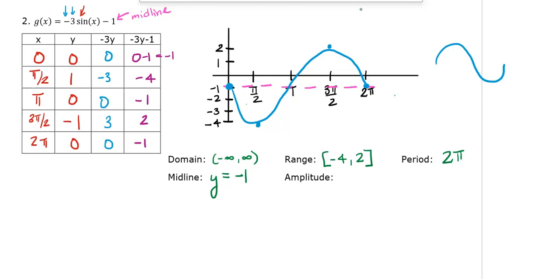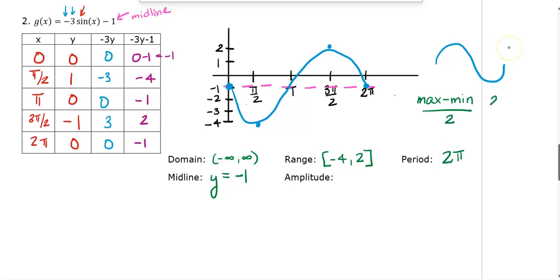Amplitude. Amplitude is that distance between the midline and the highest point, or you can find the distance between the maximum and the minimum and divide by 2. I kind of think I like that because that might be a little bit more universal. That's what you would do. You'd find your maximum, subtract your minimum, and divide by 2.